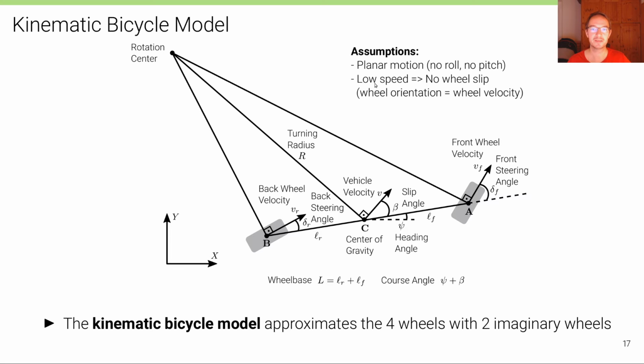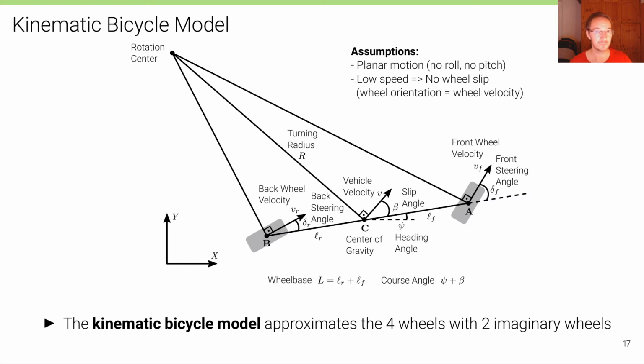The other assumption that we make is that we model only low speeds because we assume there's no wheel slip, which means that the orientation of these wheels is into the direction of the velocity of the point at the center of the wheel, indicated here by the velocity of the front wheel Vf and the velocity of the back wheel Vr, with the direction of these velocity vectors indicated by these two black vectors that face into the same direction as the wheels.